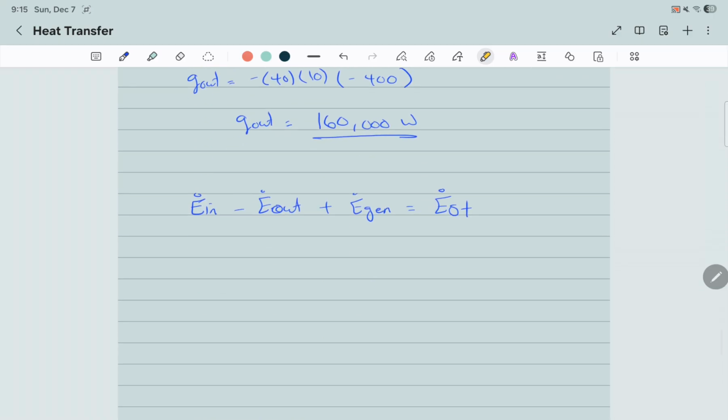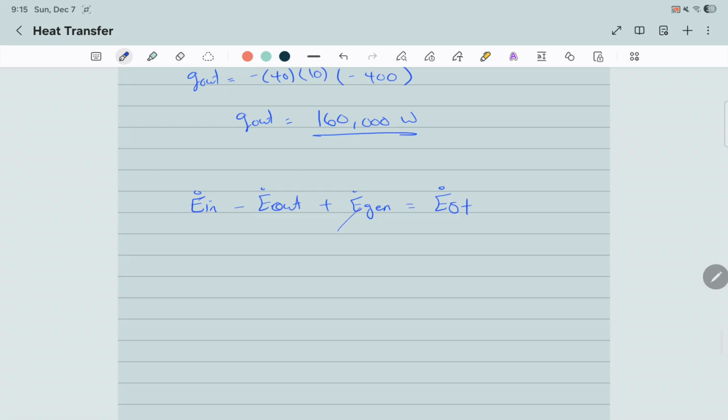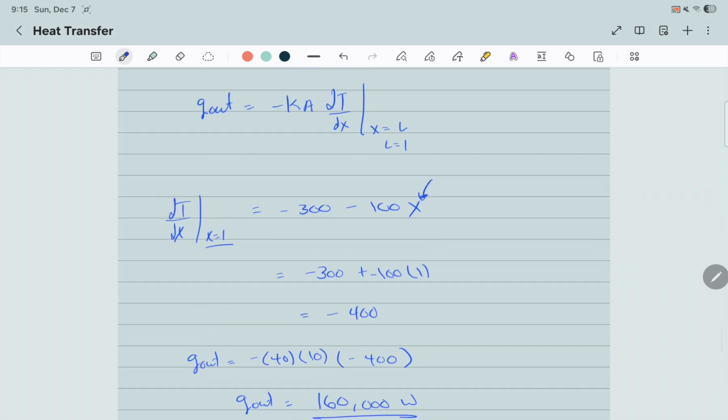So we will cancel energy generated, writing it as 0 because it's not stated in the problem statement. I know it's wrong, but we have to solve the problem based on the question statement. So energy going in, we said it's 120,000 watts, which we found here.